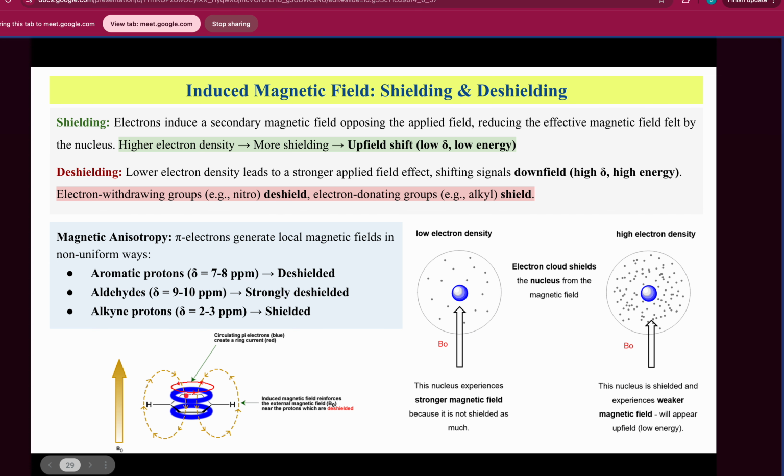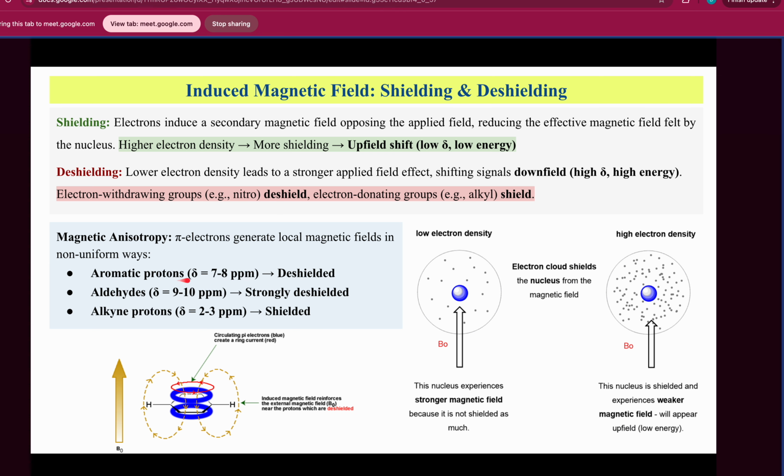The benzene ring also has protons. This is the spin of the proton, and this is the external magnetic field. Here the direction of the spin of the proton and the magnetic field is the same, which means it is de-shielding. That means it is not reducing the effect of the magnetic field. That is known as the de-shielding effect.